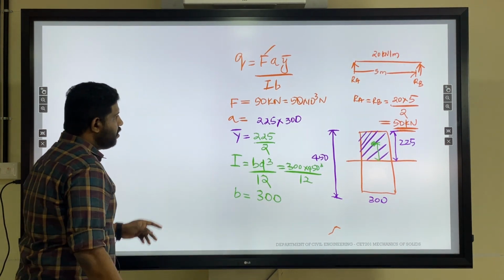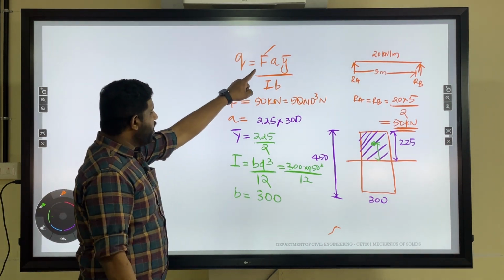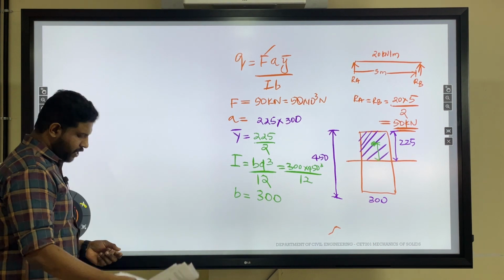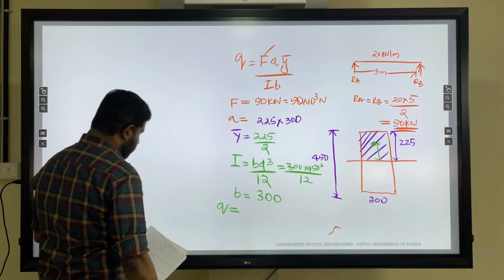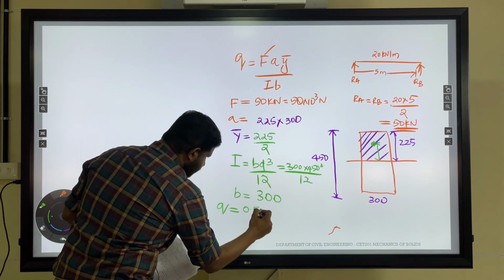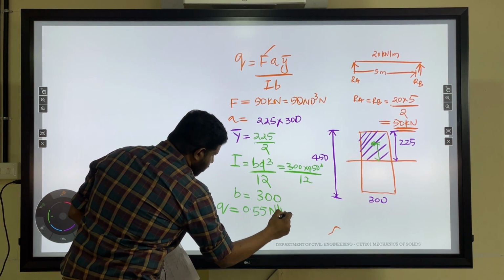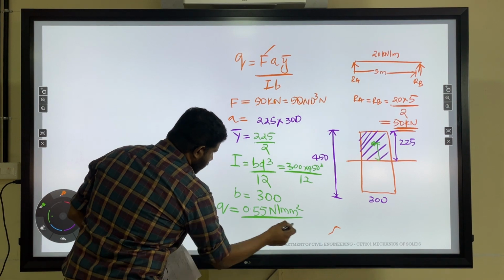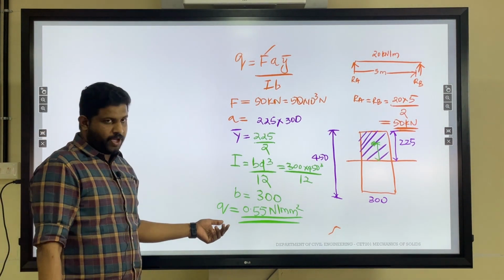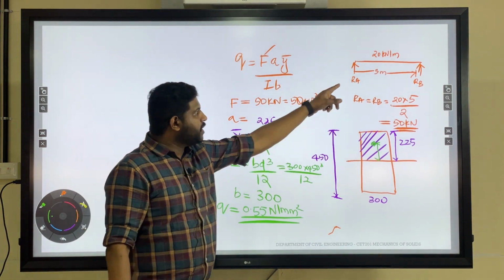So now we have all values for Q. We have F, area, Y bar, I, and width of the section. On substituting the values, we will be getting Q as 0.55 Newton per mm square. So this is the maximum shear stress value, because here we have considered the critical section.